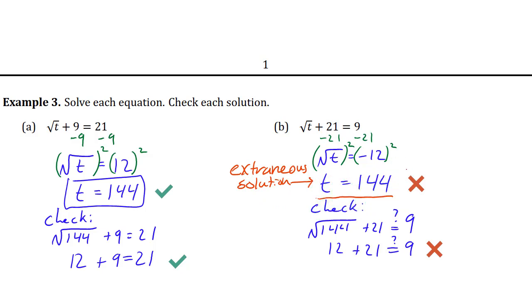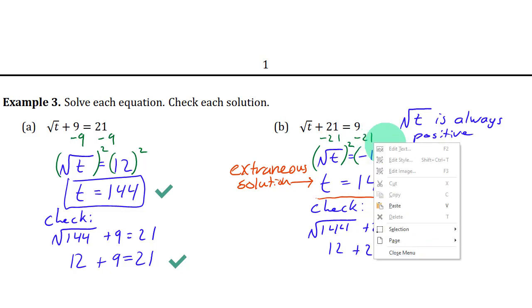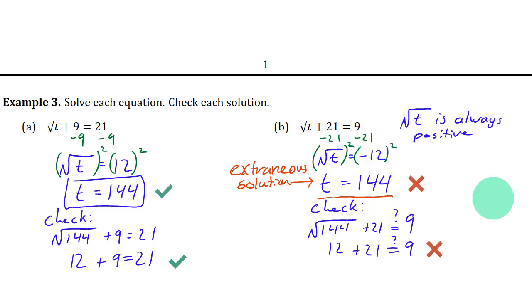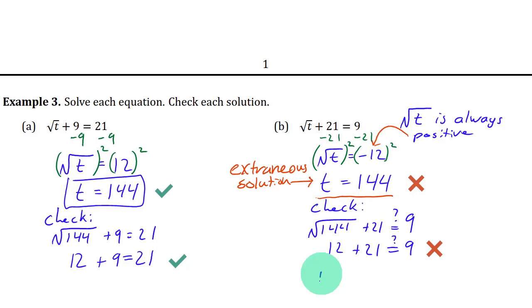It showed up here looking like a solution, but it's not really a solution. So the actual equation has no solution, because whenever you take a square root of anything, it's always positive. So it can't be negative 12. So this equation has no solution.